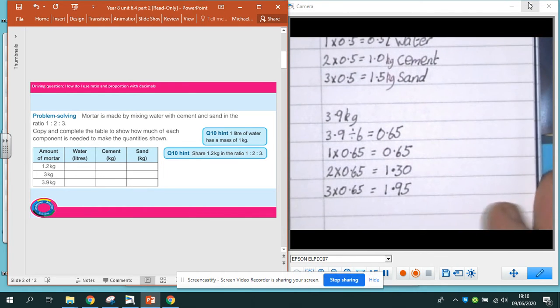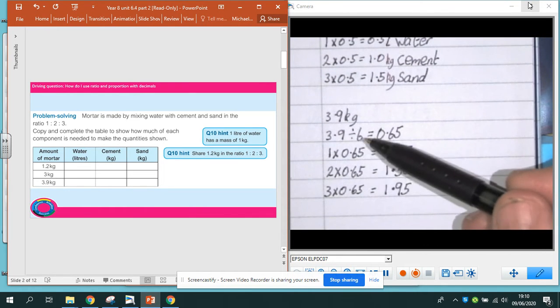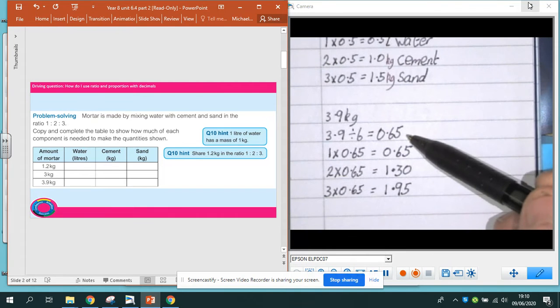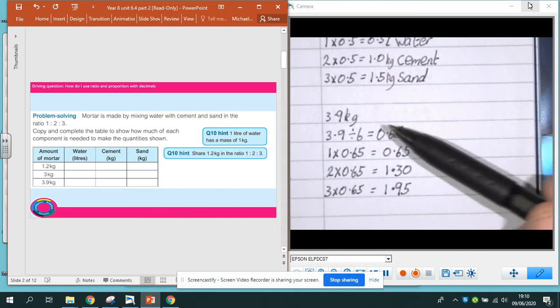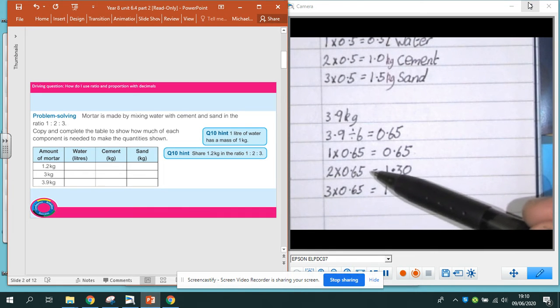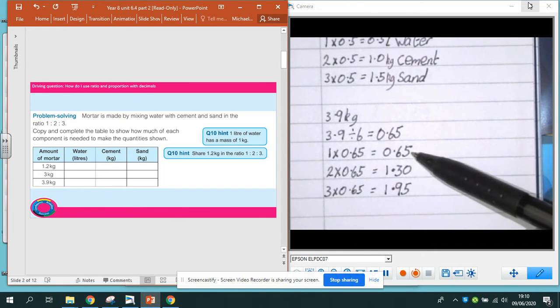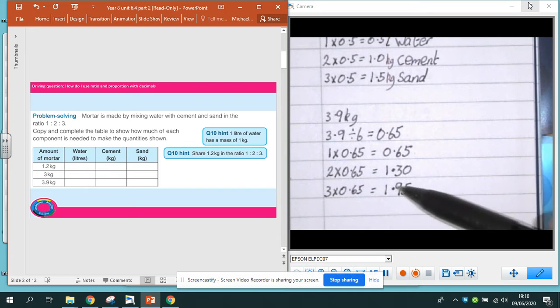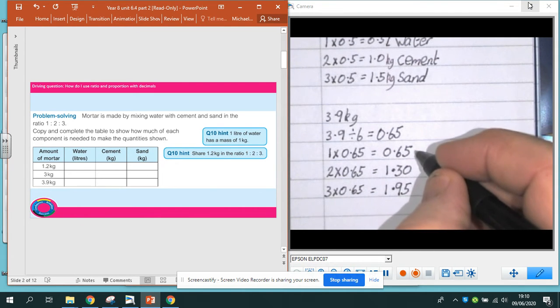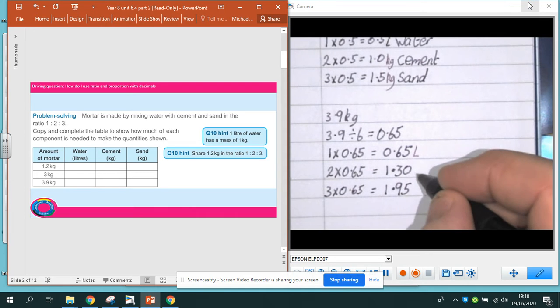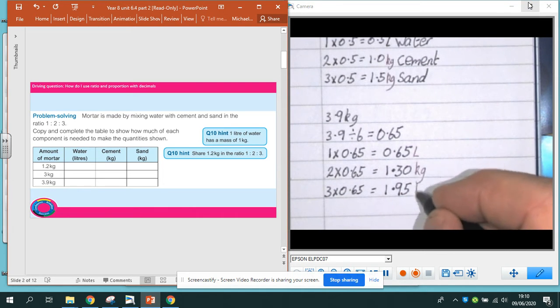And our final one, we've got 3.9 to divide by 6, that gives us 0.65, 1 times 0.65, 0.65, 2 times 0.65 is 1.3, and 3 times 0.65 is 1.95. So that's 0.65 litres, 1.3 kilograms, and 1.95 kilograms.